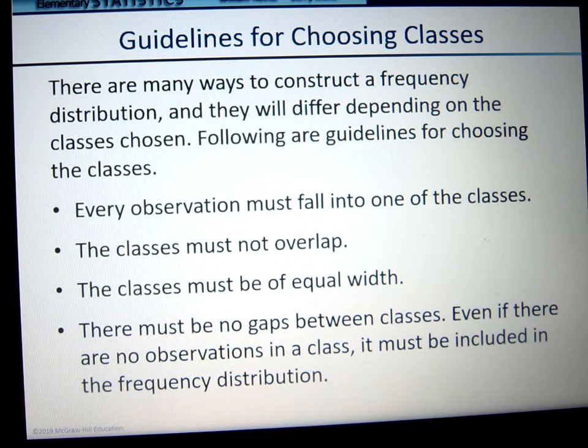The classes always have to be of equal width, and there can be no gaps between the classes. Even if there are no observations in a class, you have to include it in the frequency distribution. So if I have 0 to 4, 5 to 9, 10 to 14, even though I might not have anything between 10 and 14, I still have to include it in my graph.